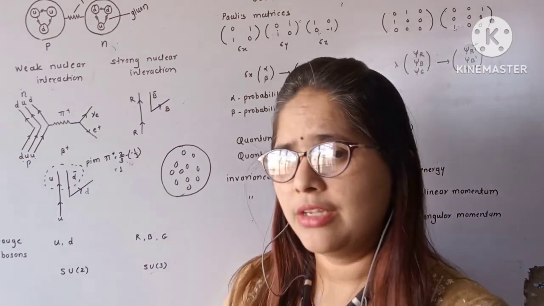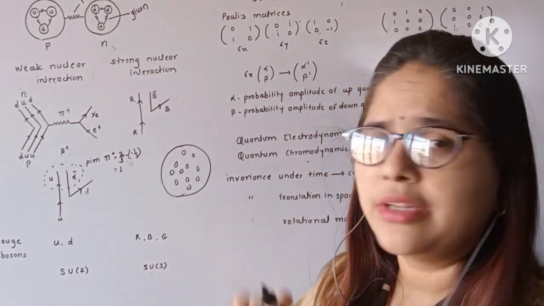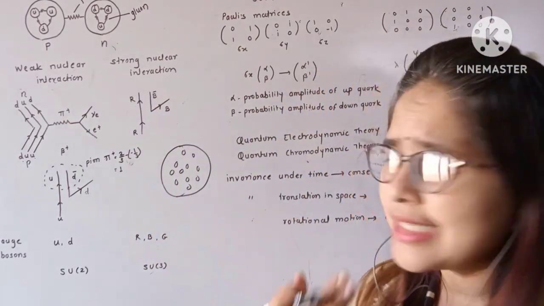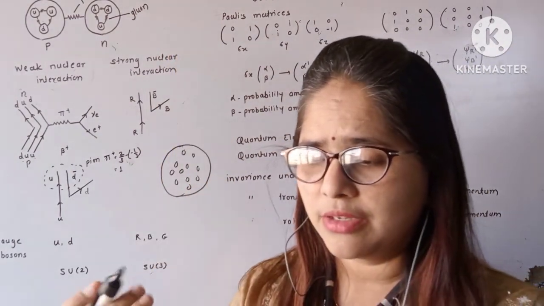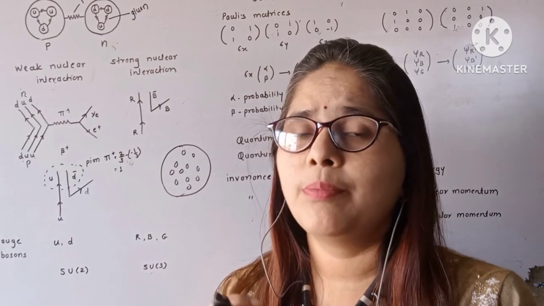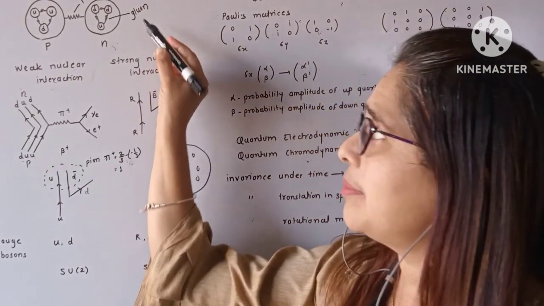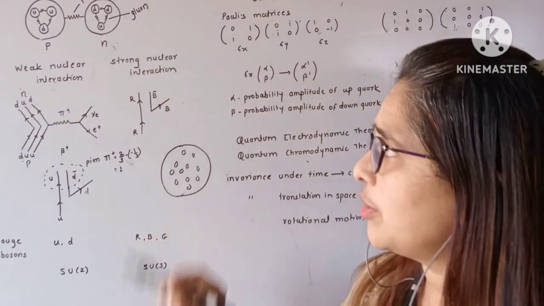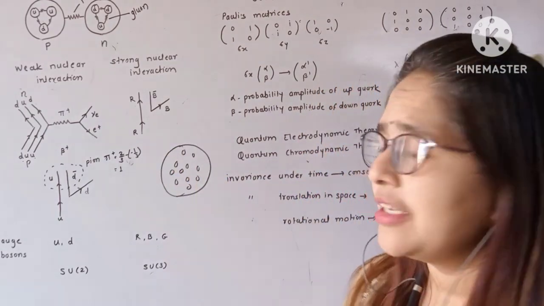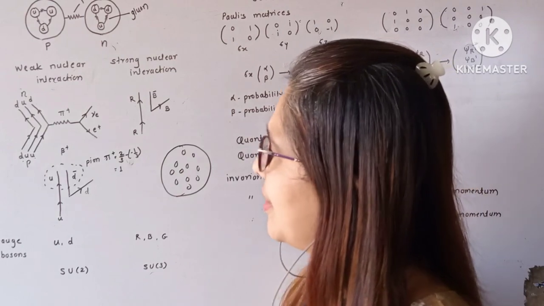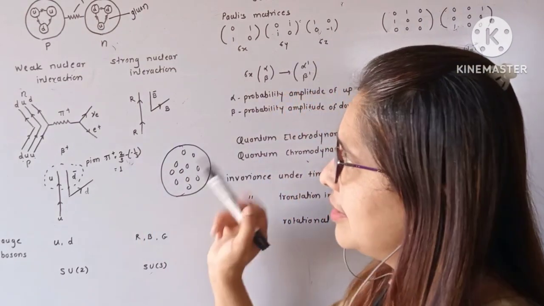Similarly, if we deal with a strong nuclear interaction, as I already said, whenever there is a strong interaction between two down quarks or two up quarks, that is mediated by a gluon. Okay, now this is the Feynman diagram for that strong nuclear interaction, and here you can see this red color.